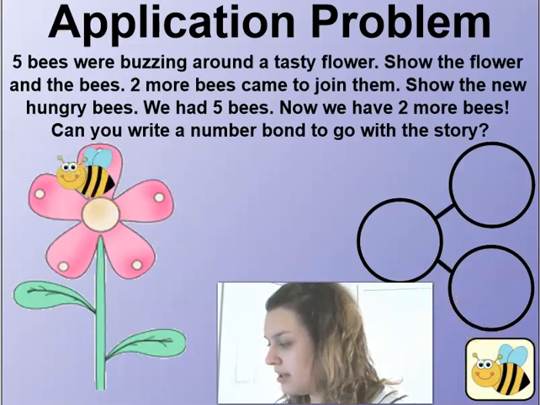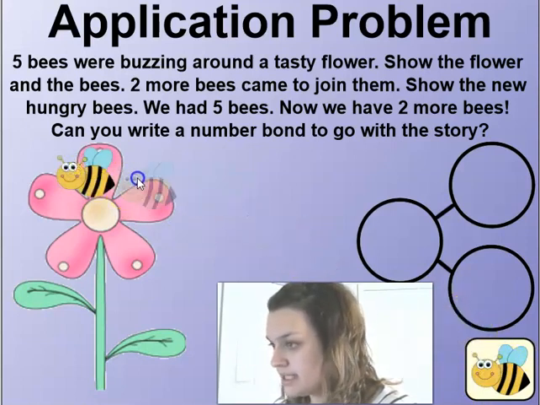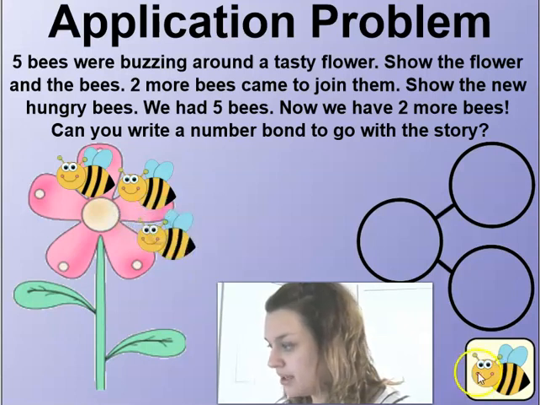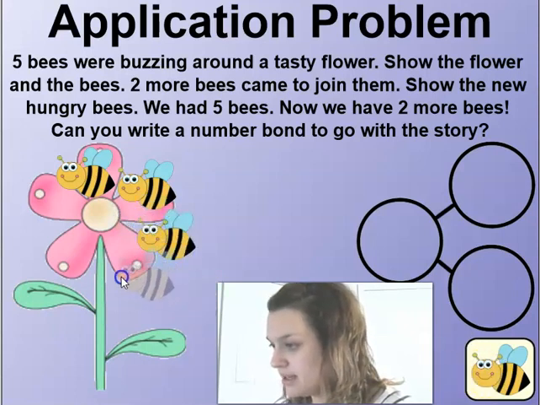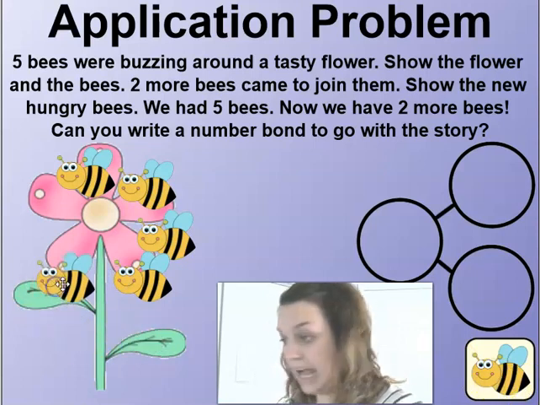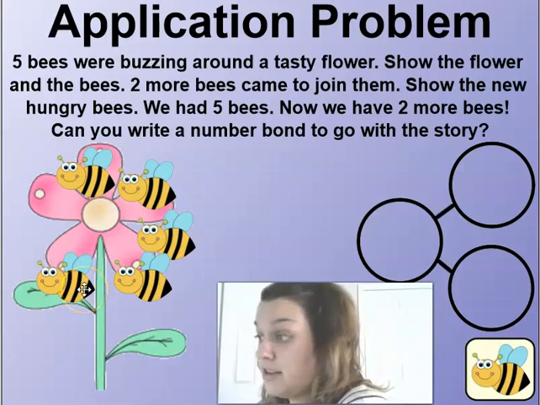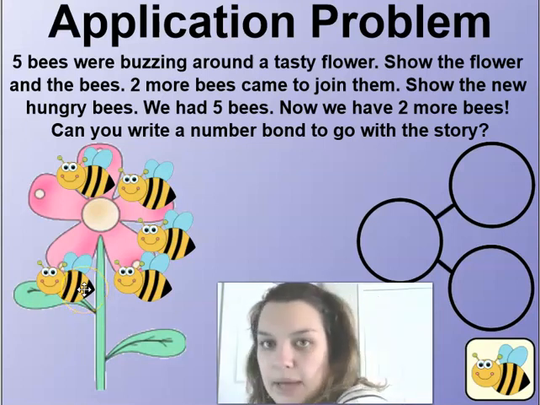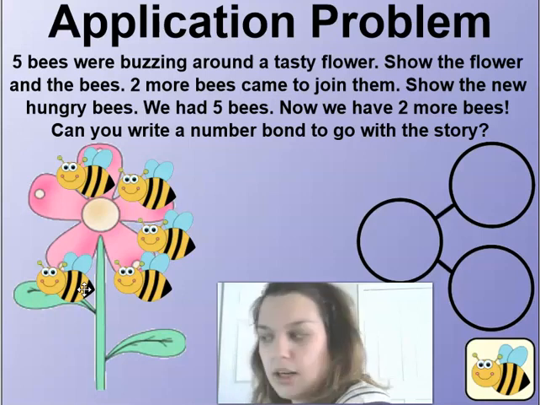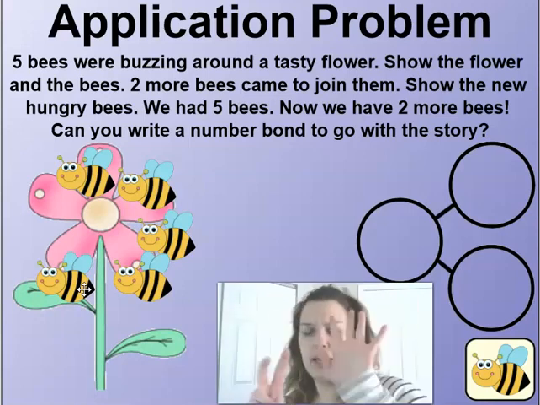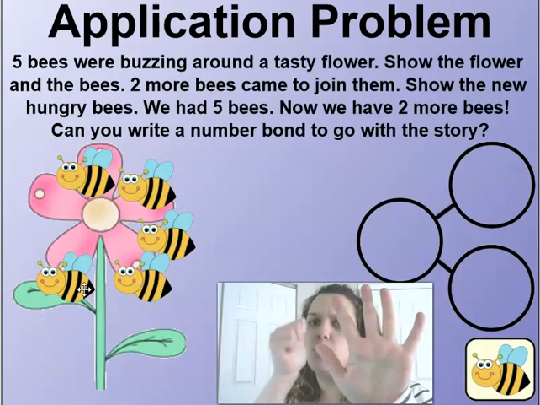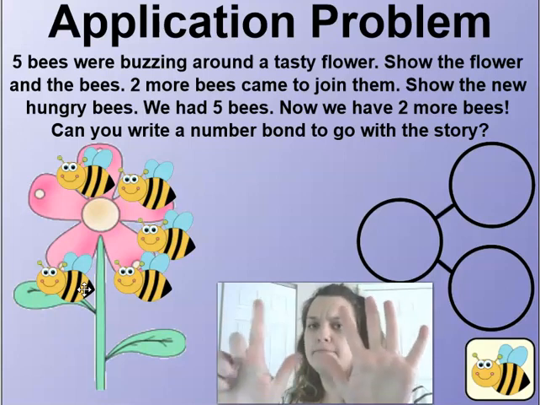Bzz. 1, bzz. 2, bzz. 3, bzz. 4, bzz. 5. So 5 bees were buzzing around this flower. Then guess what happened? 2 more came to join them. So we have 5. And then 1, 2.